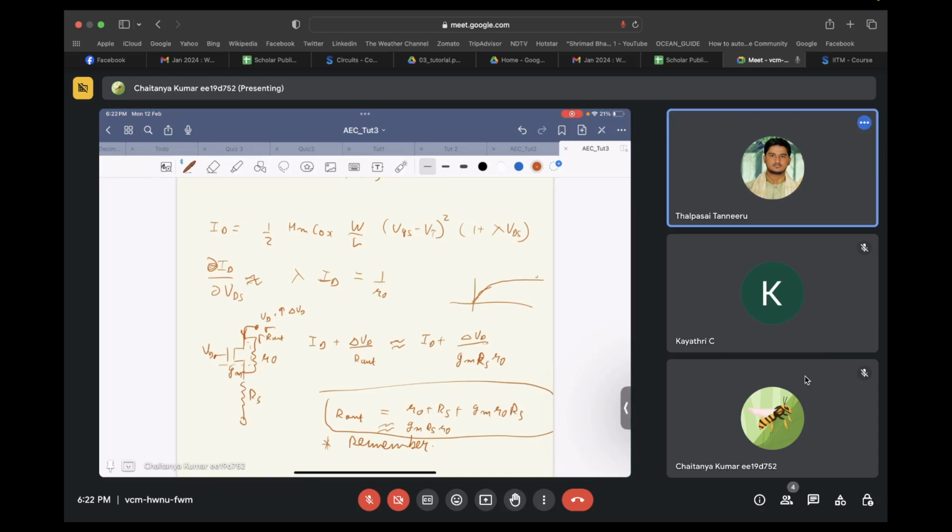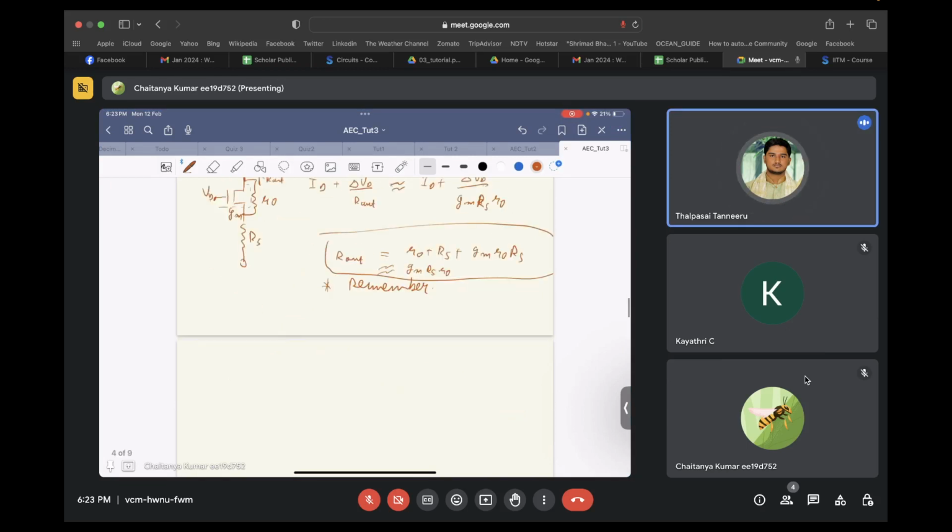I don't exactly remember the physical phenomenon, but due to early voltage in the active region, as we call it in BJT, the IC versus VCE curve that was supposed to be flat in the active region is not flat. It is slightly tilted upwards. That concept is called early voltage. Here there is no concept of early voltage. Here there is just channel length modulation and 1 by lambda ID.